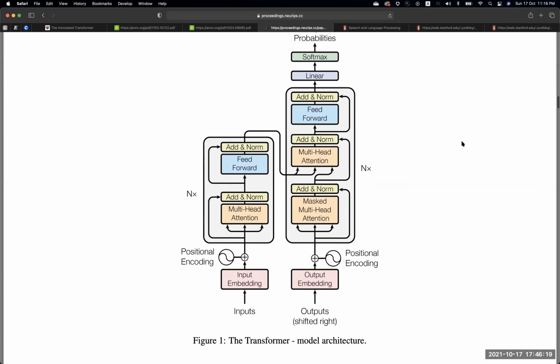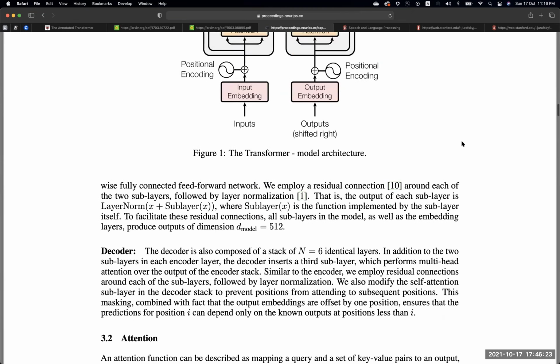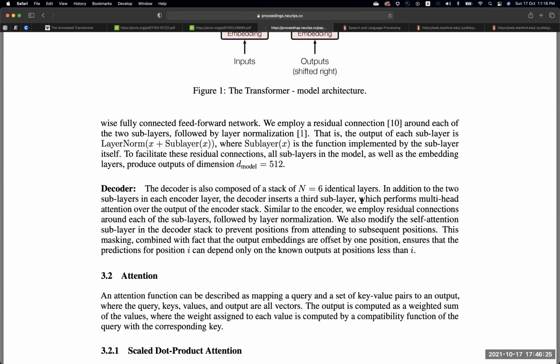Yes. So coming back to our paper, it mentions that it does multi-head attention over the output of the encoder stack, like I just mentioned. Samarth also mentioned a few points, which should be helpful.